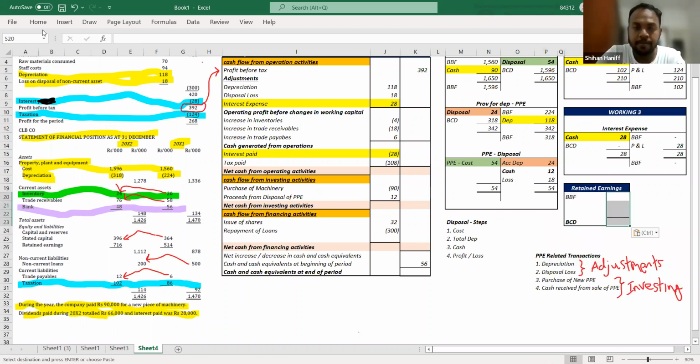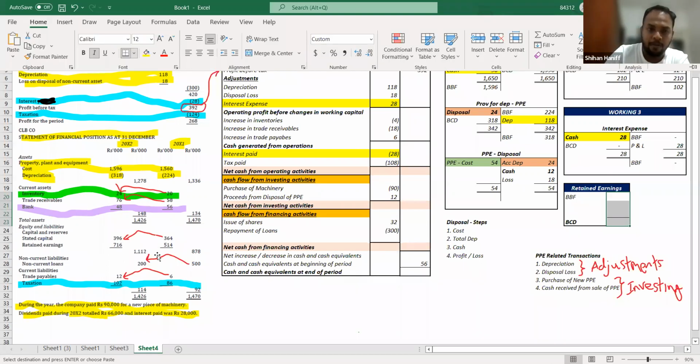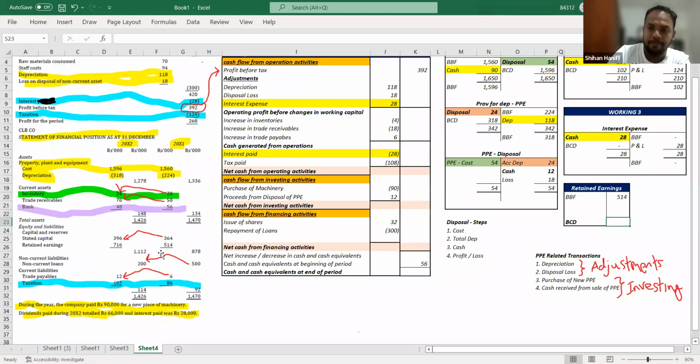Retained earnings. Okay, opening balance 514, closing balance 716. And what comes to the retained earnings? The net profit will come. That is profit after tax.